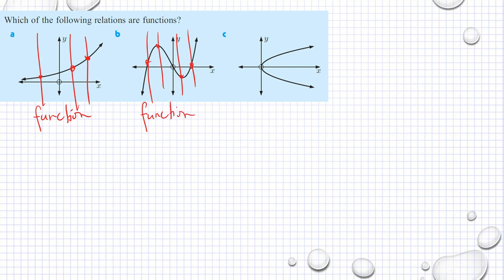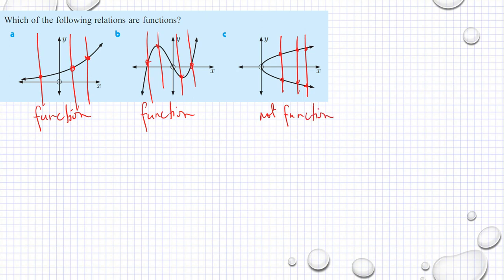It is called a polynomial function in the 3rd degree. And if I will do this one, then I will cross the graph at two points. Then this is not a function.